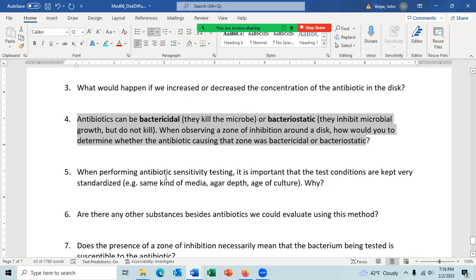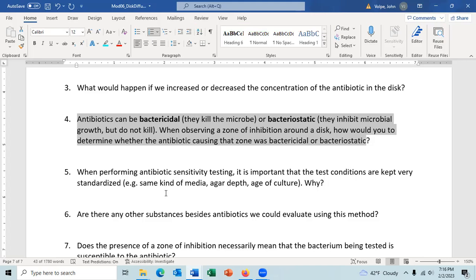When performing the antibiotic sensitivity test, it's important that the test conditions are kept very standardized, like we do it using the same type of media. We have the same depth of the agar, the same age of the culture.